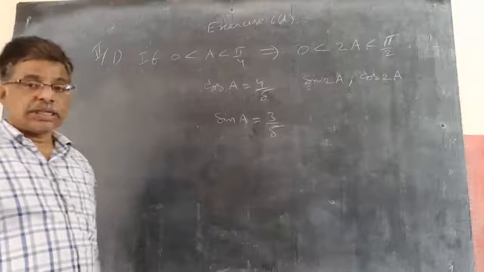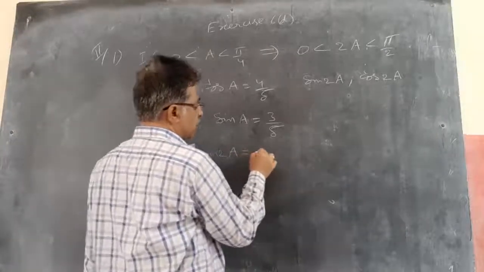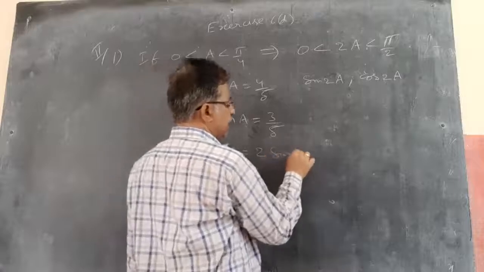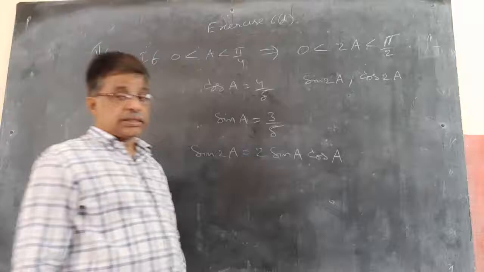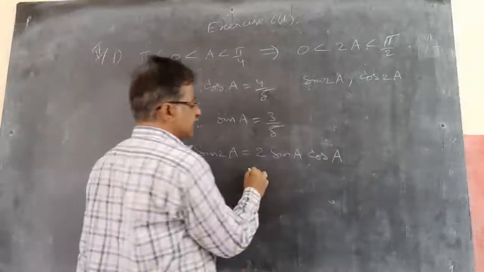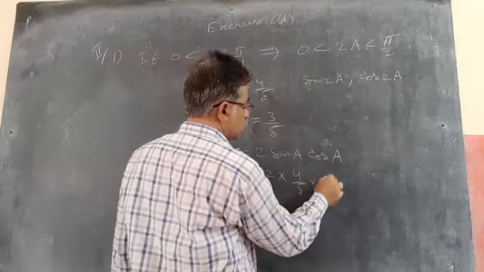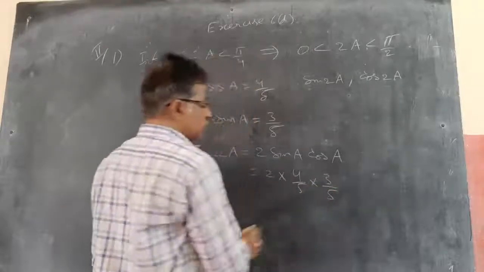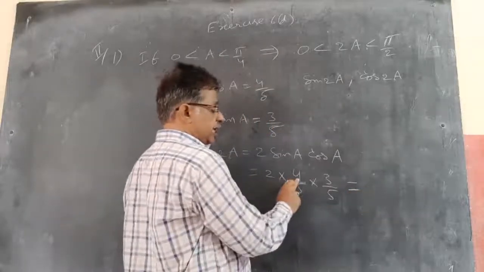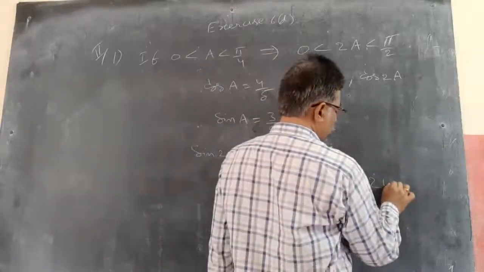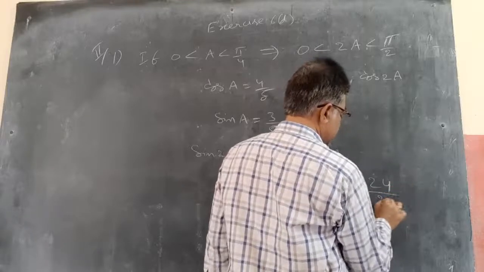Now we know the sin 2a formula: sin 2a equal to 2 sin a cos a, which is 2 into 4 by 5 into 3 by 5. So 2 times 4 is 8, 8 times 3 is 24 by 25. 24 by 25 is sin 2a.